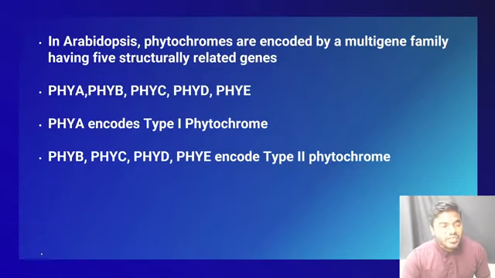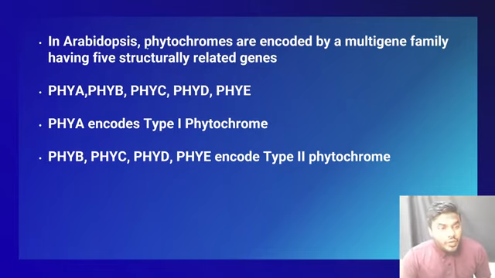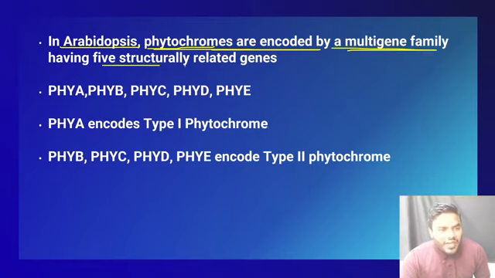Then the last and final point, which was also asked as one of the statements in the given 4-marker question. Phytochromes, especially in Arabidopsis thaliana, are encoded by a multi-gene family having 5 structurally related genes.